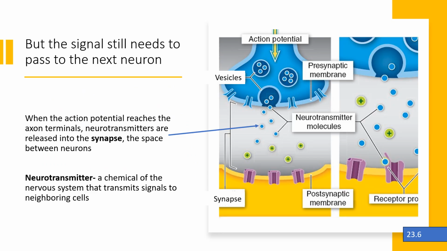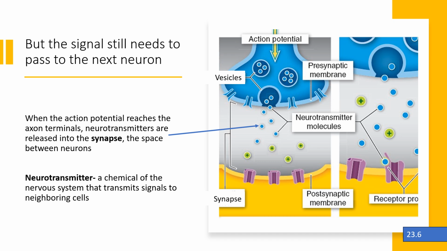So that action potential travels down the axon to the axon terminals, the ends of those branches on the axon. But it still needs to be passed to the next neuron, or the tissue it's going to affect. Neurons are not in direct contact with each other. There is a space between the axon of one neuron and the dendrite of the next, called the synapse.